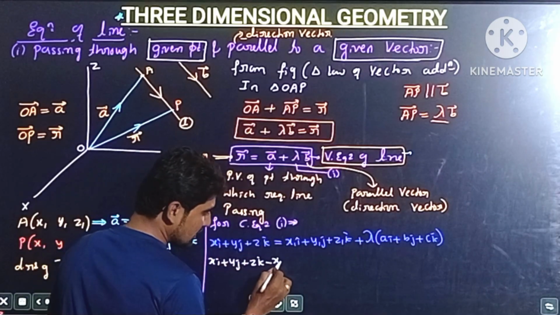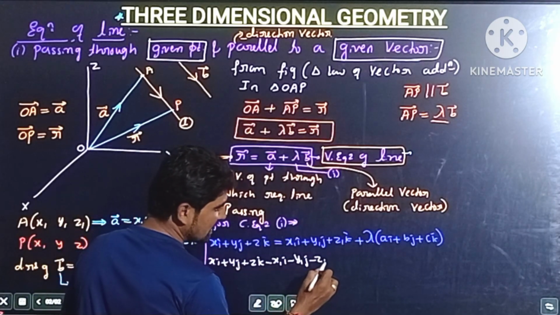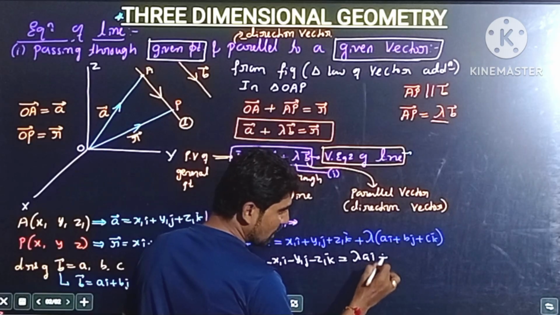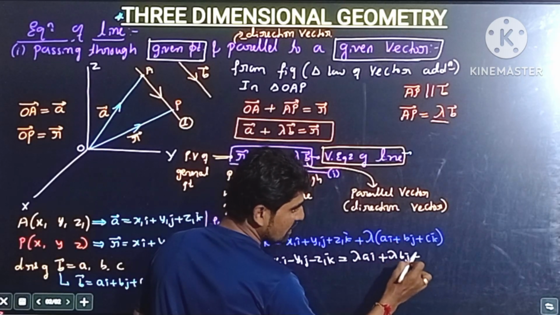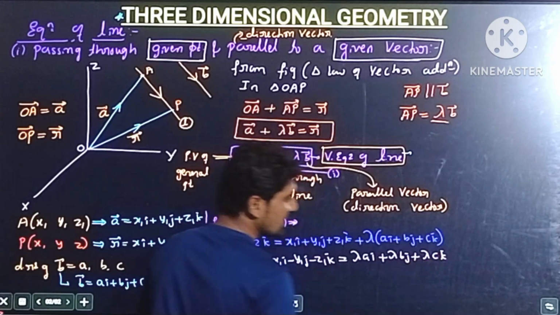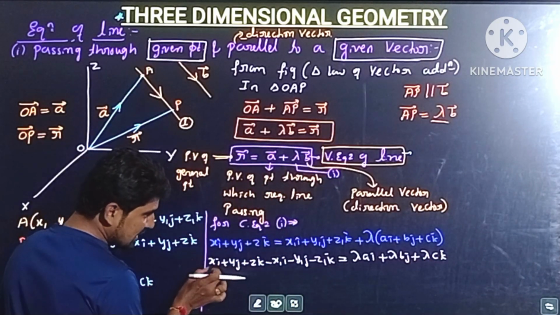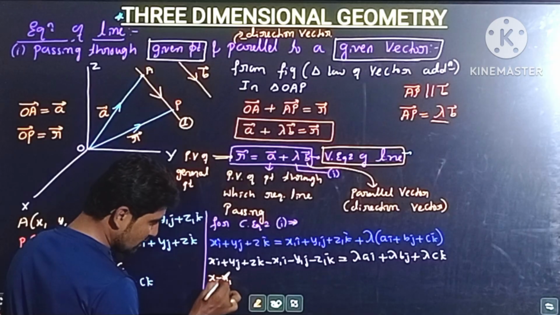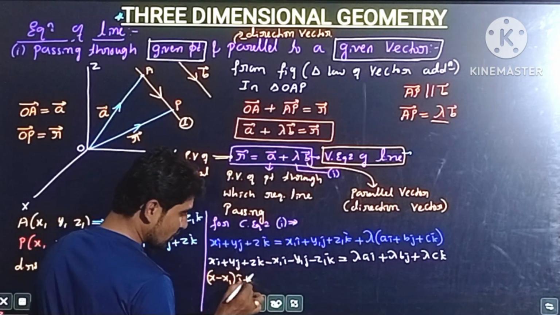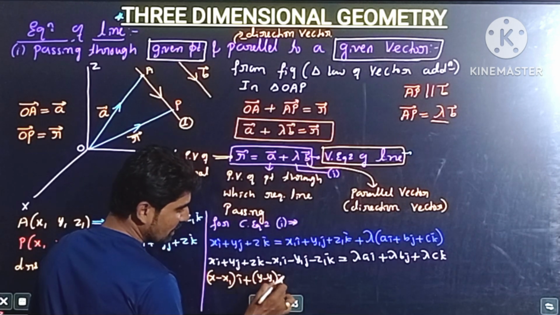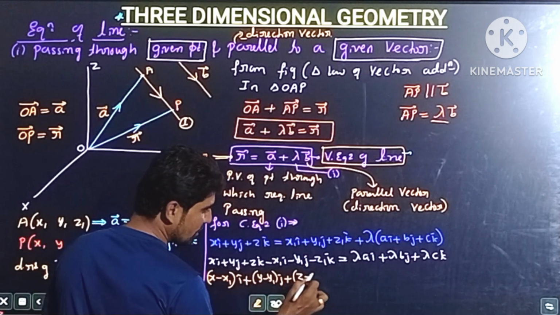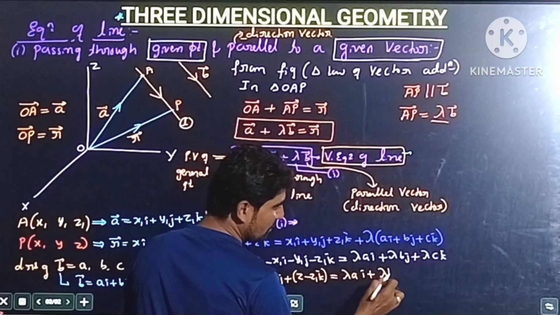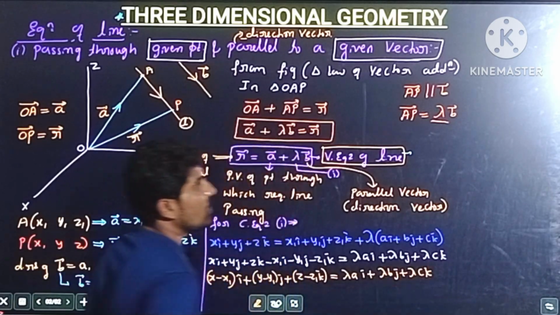It becomes minus x1 i minus y1 j minus z1 k, equal to lambda a i plus lambda b j plus lambda c k. Now on the left side, x i minus x1 i can be written as (x minus x1) i, plus (y minus y1) j, plus (z minus z1) k, equal to lambda a i plus lambda b j plus lambda c k. I hope all of you are understanding.